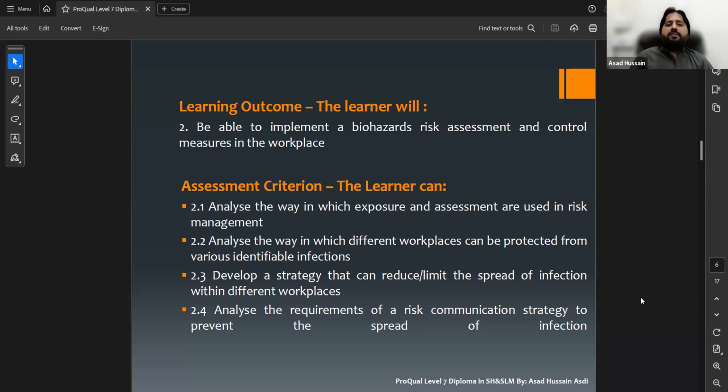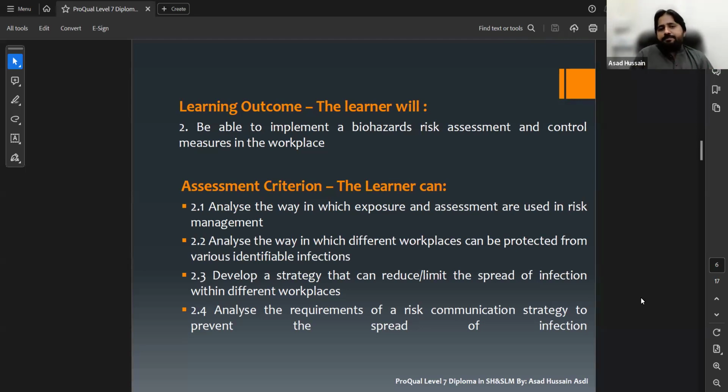There should be a proper risk communication strategy which ensures that the identified infections and the risk assessments performed about them are communicated to all the stakeholders to prevent the spread of infection.